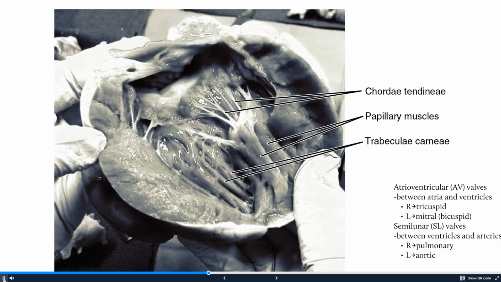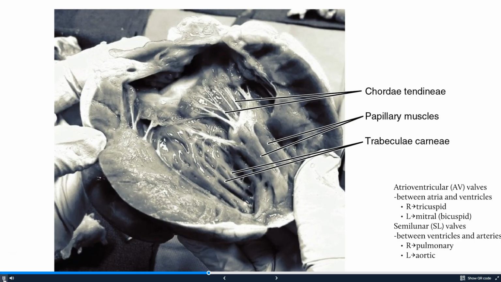The chordae tendineae are there really to help keep the valve closed during ventricular contraction. The pressure that builds up when the ventricles contract becomes really great, really fast. And without the chordae tendineae, it's possible that that pressure would push back against the valve and make it blow back the other way, which would be called prolapse, or would cause regurgitation against the valve.